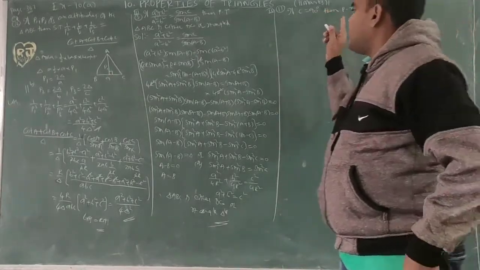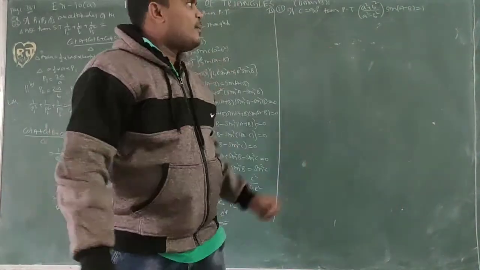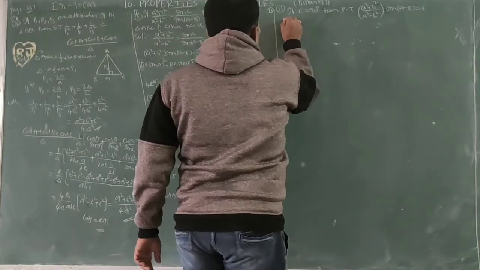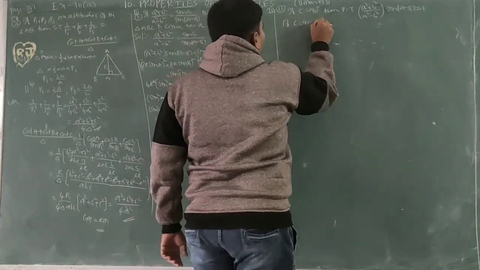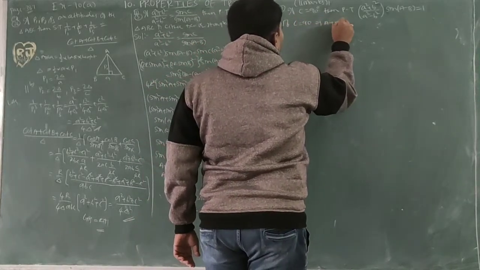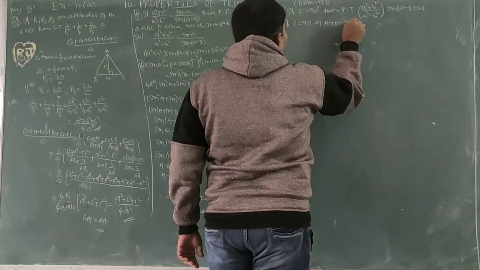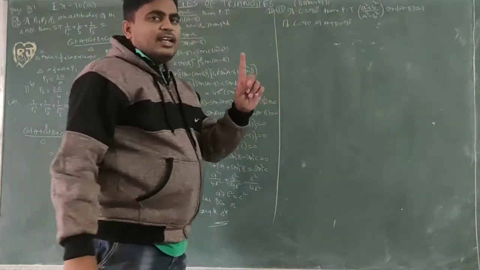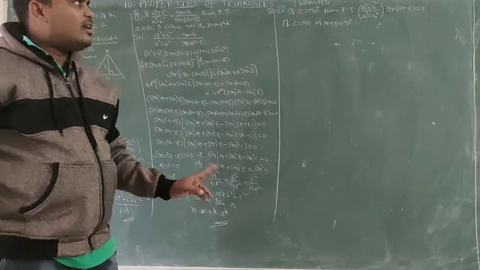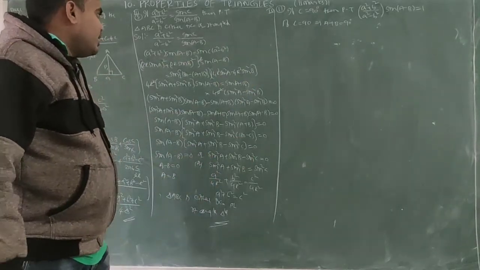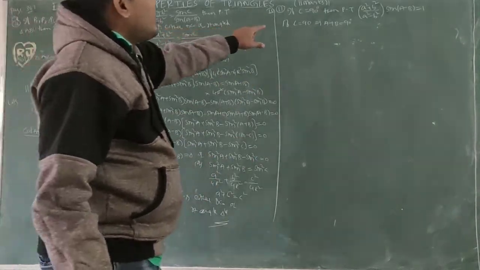So angle C equal to 90 degrees, we need to prove this one. If angle C equal to 90, then A + B equal to 90. One of the angles is 90, so the sum of the remaining angles is also 90.